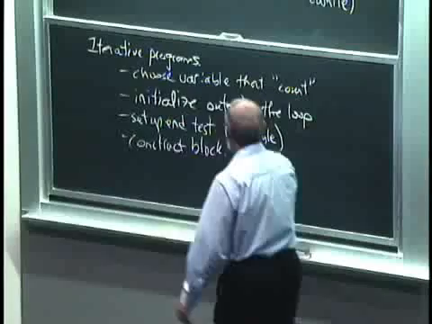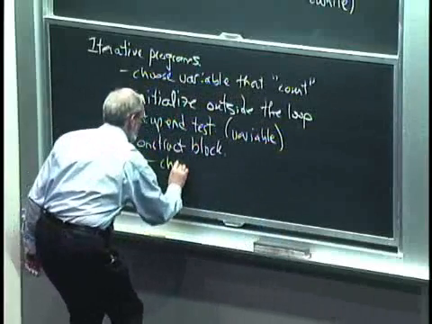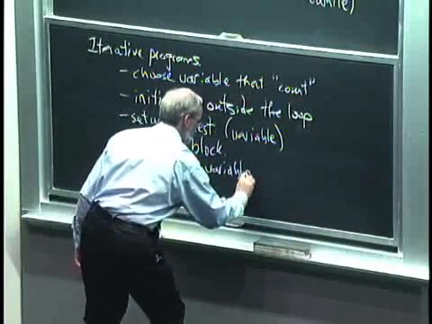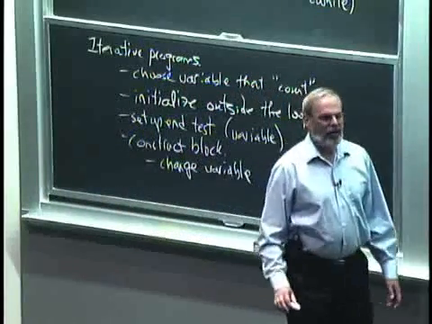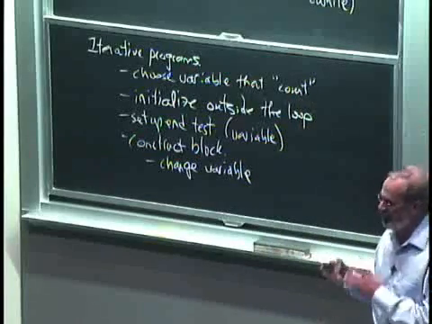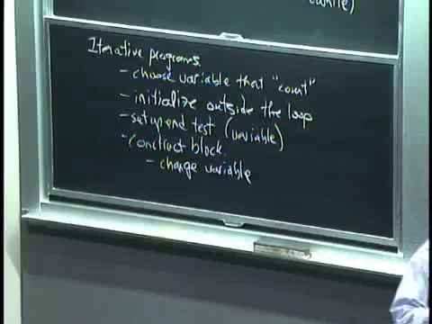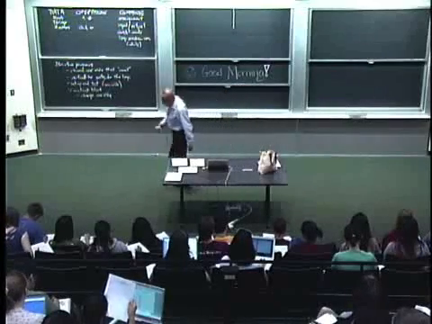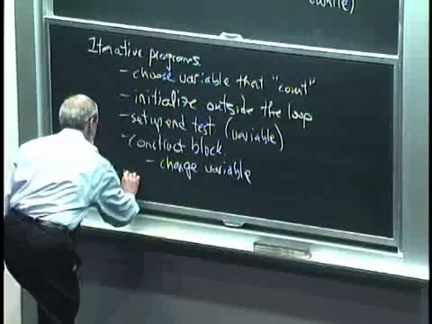And remind you that inside of here, I better be changing the variable. If that variable that's counting is not changing, I'm going to be stuck in an infinite loop. So I ought to expect somewhere in there a change of that variable. All right, and then the last thing I want to do is just decide, what do I do when I'm done?